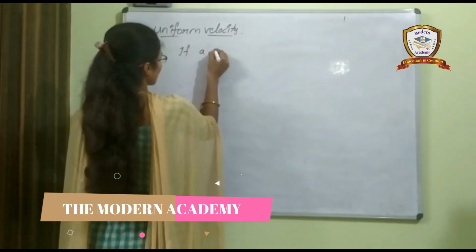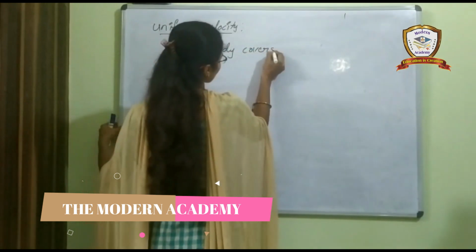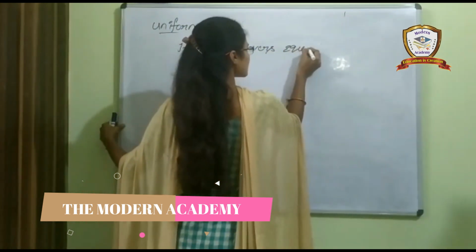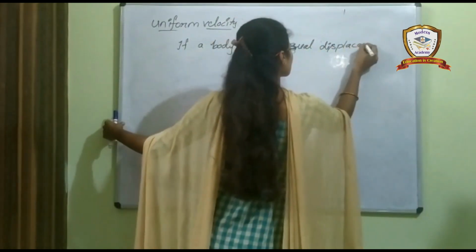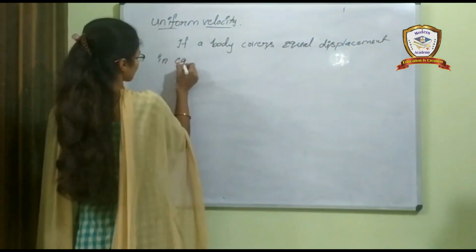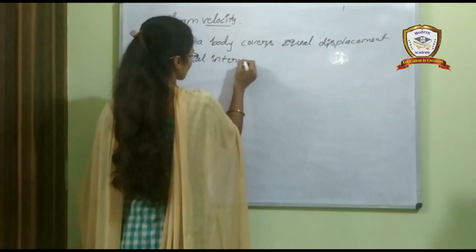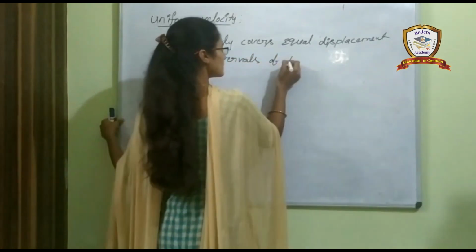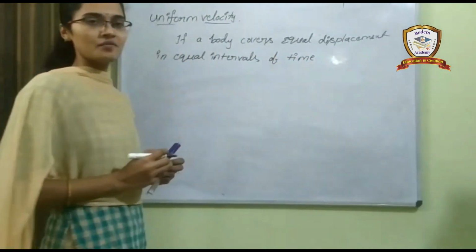If a body covers equal displacements in equal intervals of time, then a body is moving with uniform velocity.